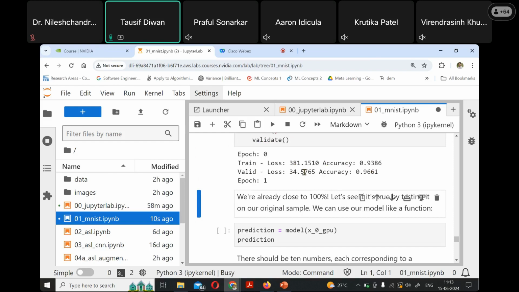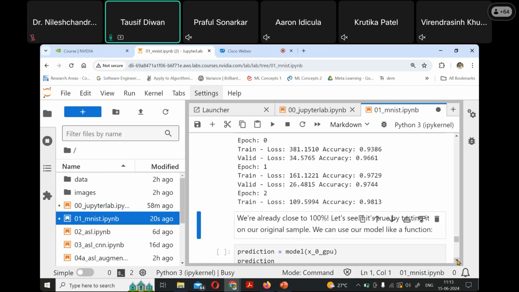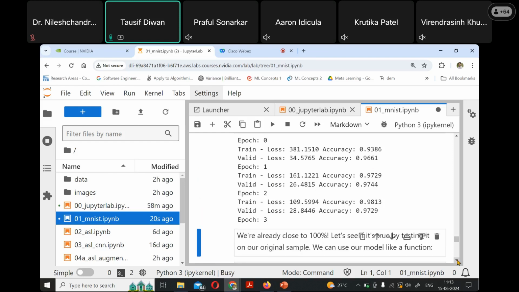Then this is my validation loss and validation accuracy. Then the next epoch is started. This is training and validation for epoch 1. Then this is training and validation for epoch 2. You can subsequently observe that loss is getting increased across subsequent epochs.